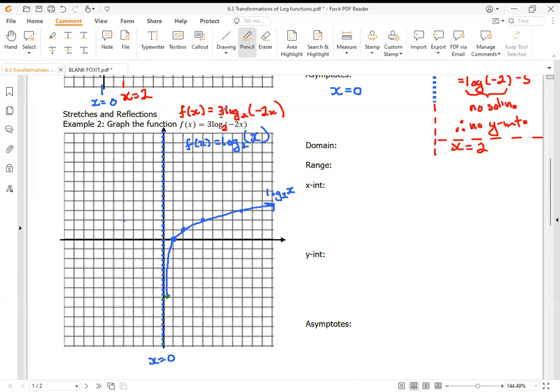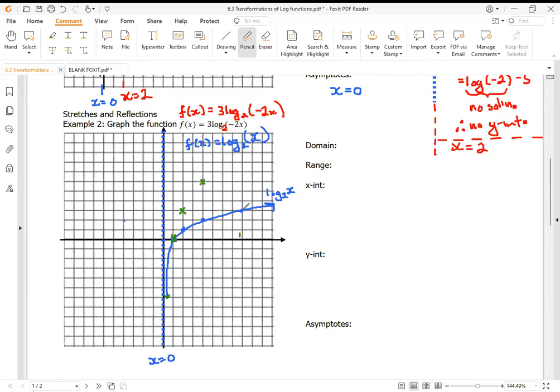How about I do the vertical stretch first? Long story short, I'm not going to pay too much attention to the fractions because it's a little annoying to draw. I'll start with the top numbers. The y value of 0 times 3 is still 0. A y value of 1 times 3 is 3. A y value of 2 times 3 is 6.